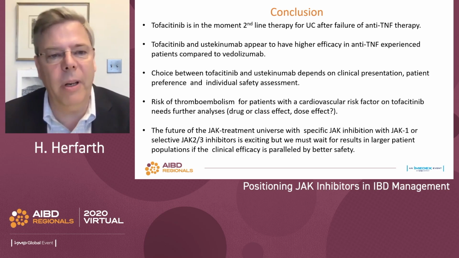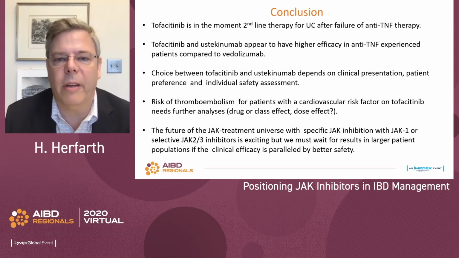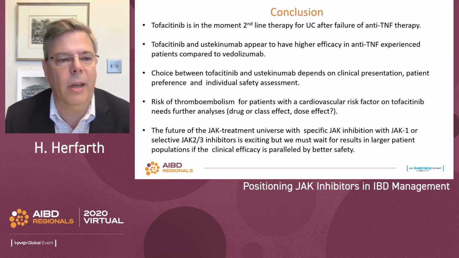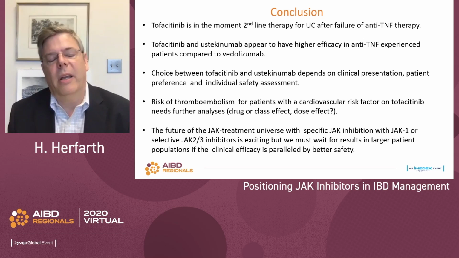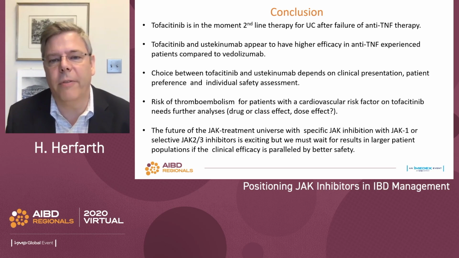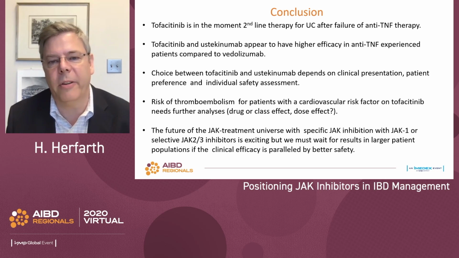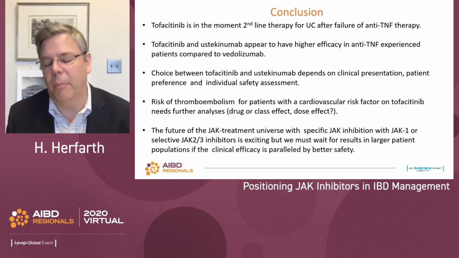The risk of thromboembolism in tofacitinib patients still needs further analysis. Is this a drug or a class effect? Is this a dose effect? I showed the data. And the future of JAK treatment is really interesting and exciting, and we have to see if JAK1 or specific JAK2/3 inhibitors are more efficacious than tofacitinib and if they are more safe.